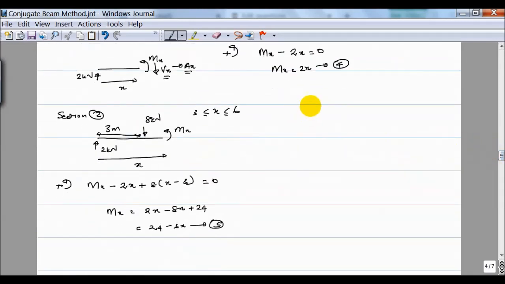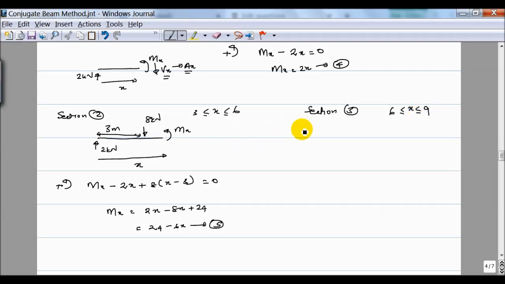Now I'm going to get the section 3, which is x greater than 6 and less than 9. So that will get me the third relationship that I can use to obtain the bending moment diagram.